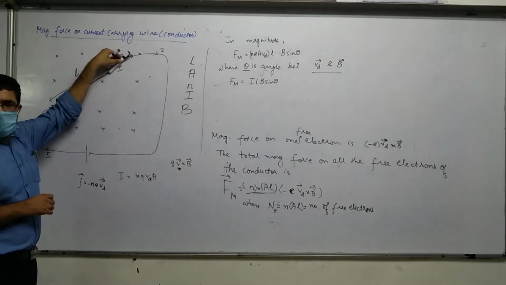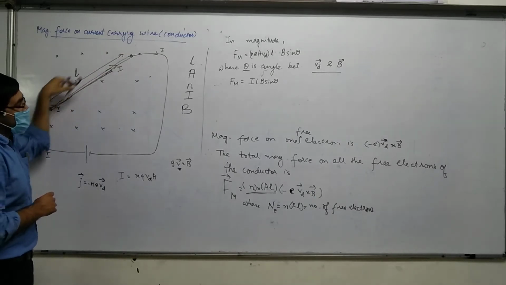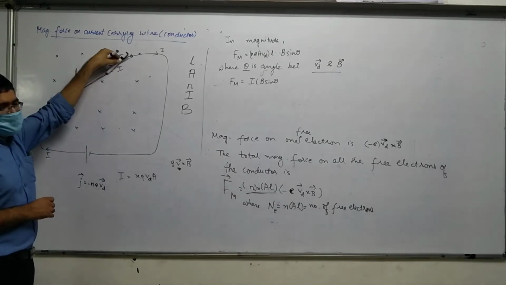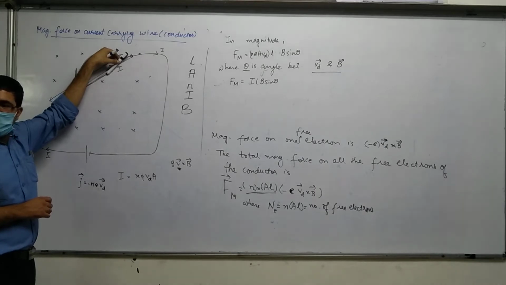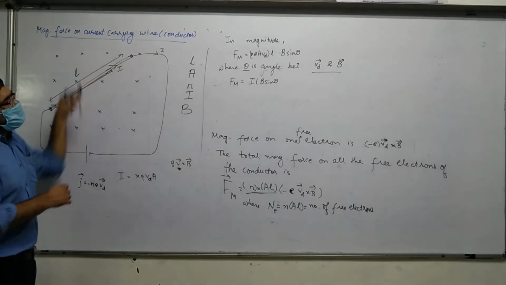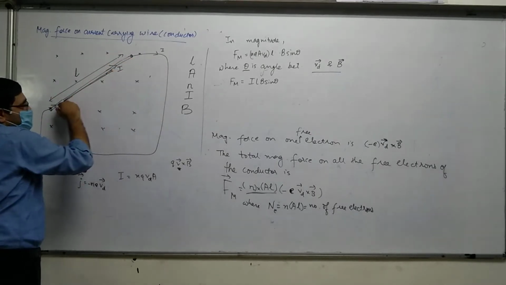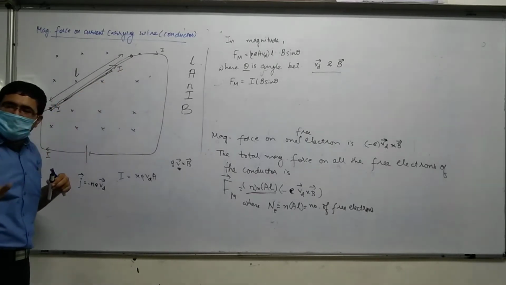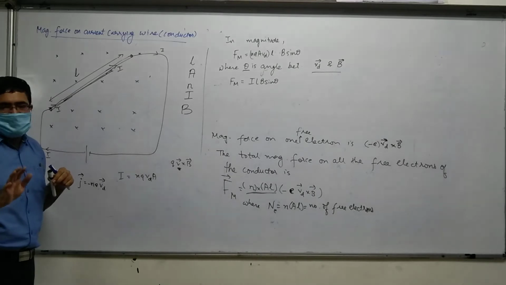So the drift velocity of positive charge is the same as the direction of current. Whether you consider flow of negative charge from this point to this point, or flow of positive charge from here to there, the result is the same.